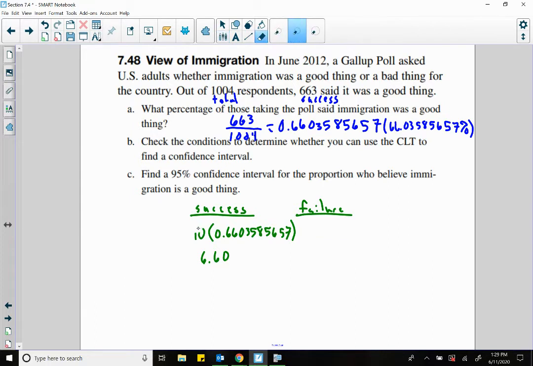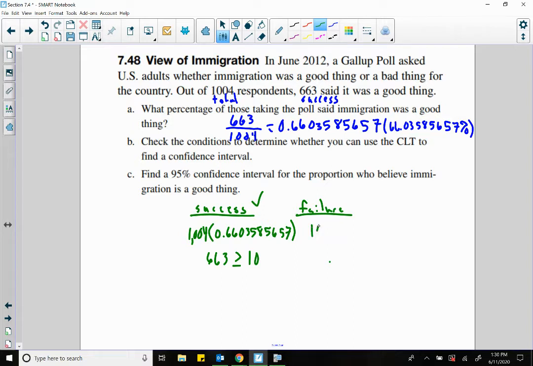Sorry, I said the wrong number here. It's our total times that. So 1,004 times all that. Today is an off day for Mr. Armstrong. It's not good. That is 663, and that's definitely greater than or equal to 10, so that's met.